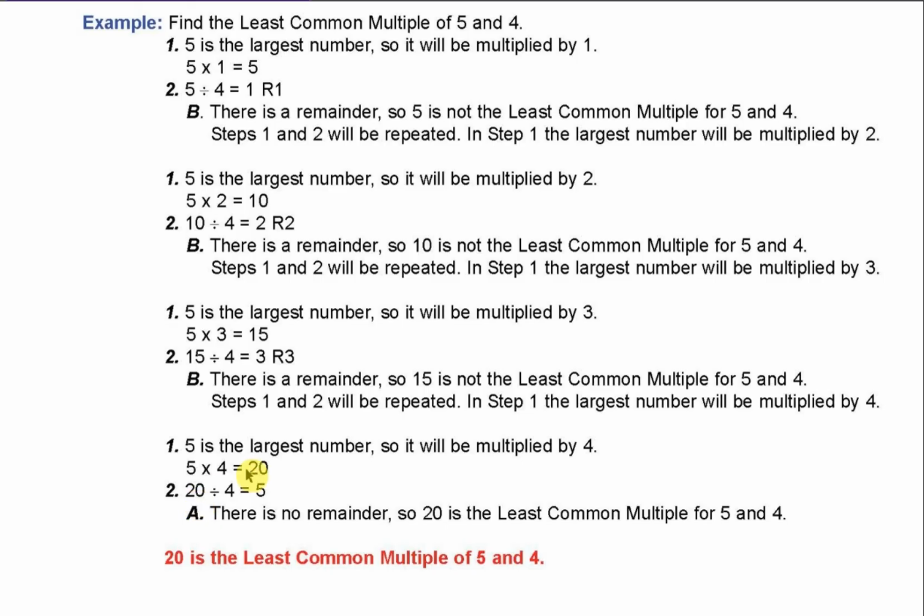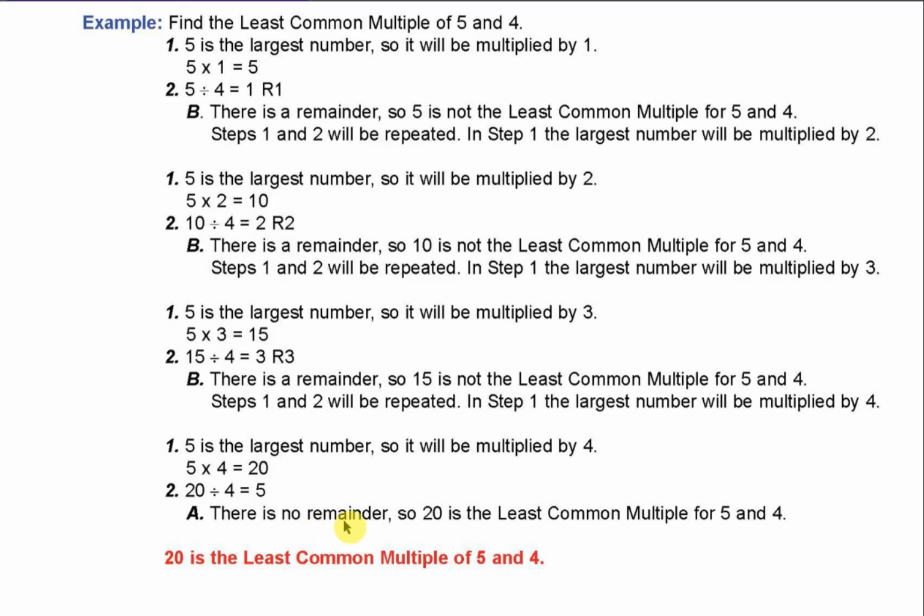So we are going to divide this result by the smaller number, which is 4. 20 divided by 4 equals 5.